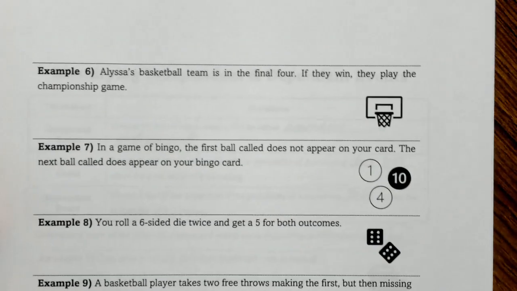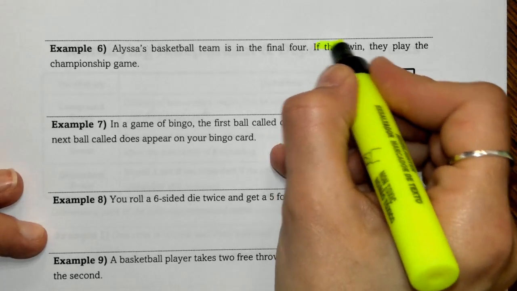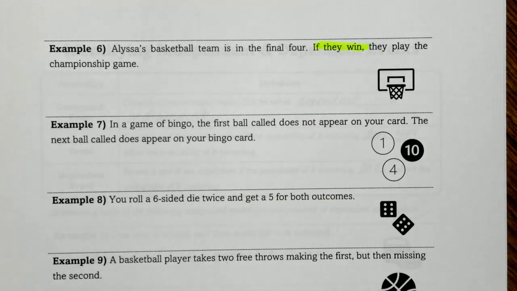All right, number 6. Alyssa's basketball team is in the Final Four. If they win, they play the championship game. So the big thing here is that if they win, whether they go to the championship game or not is going to depend on if they win the Final Four.